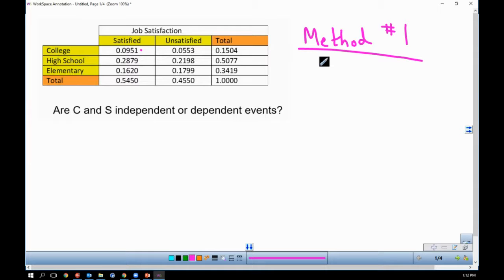So are they independent or dependent? Well, let's see. What's the probability of being a college teacher? What does the table tell us? 0.1504.